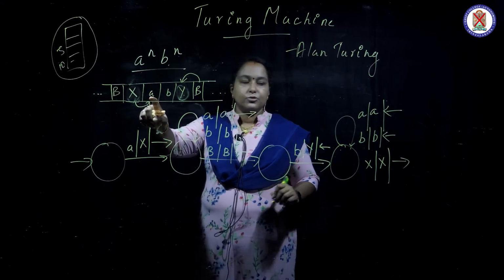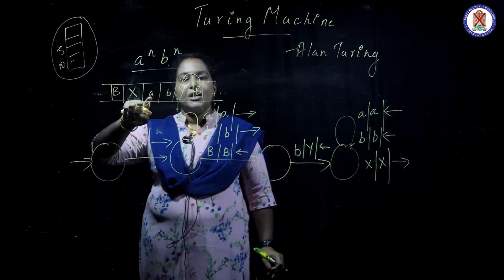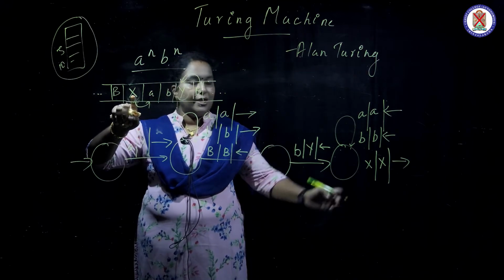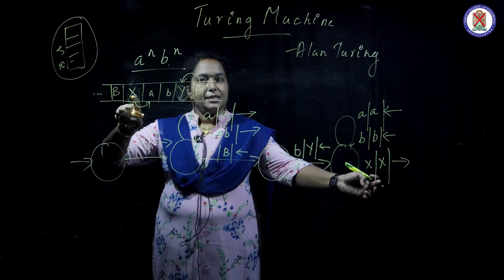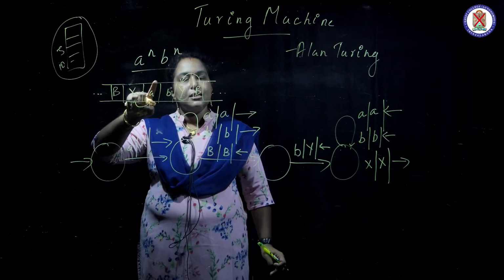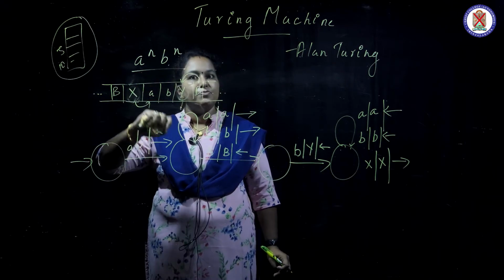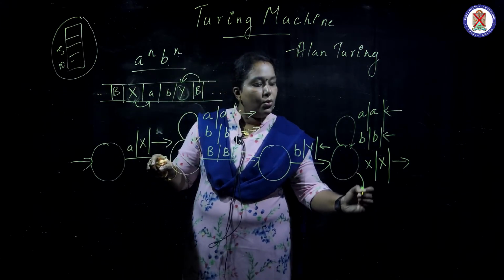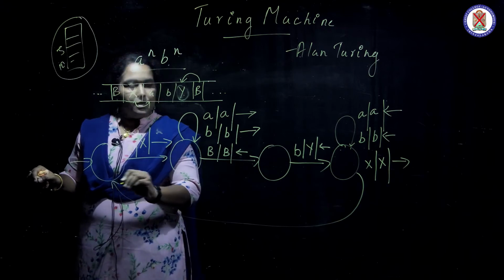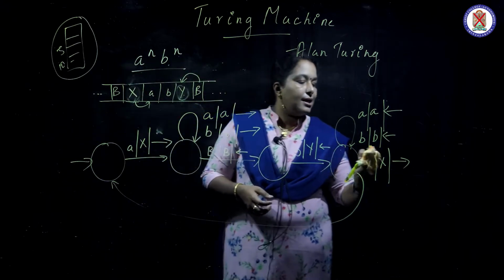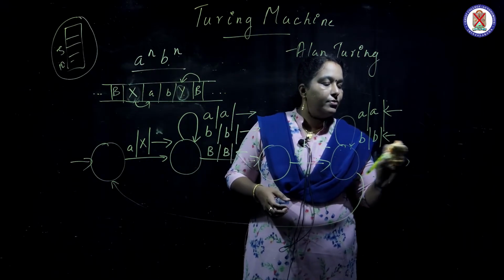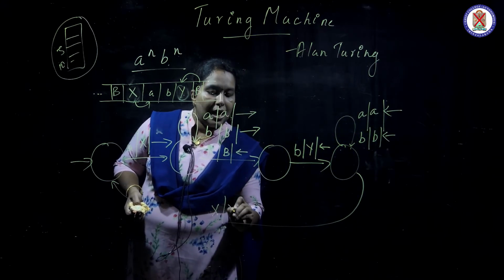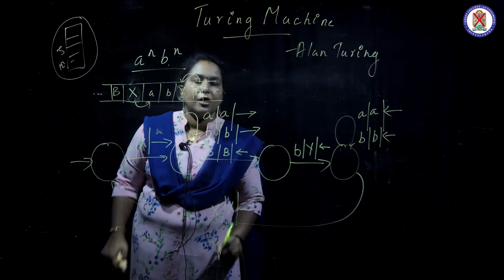Then I move forward, and when I see A, that is made as X. After X, when I see A, the succeeding A must be made as X. So this is the same as before. So when I see X, I make it as X and move forward.